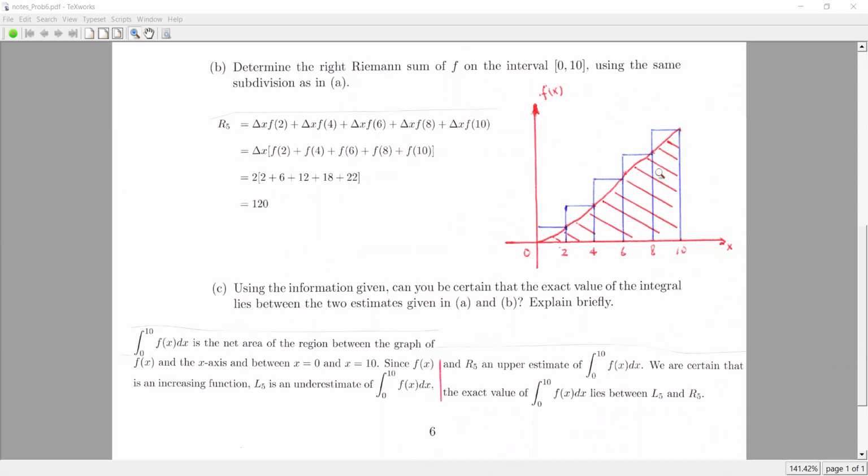The left Riemann sum is less than the exact value of the shaded region. The right Riemann sum is larger than the exact value of the shaded region. Therefore, the integral lies between the 2 estimates.